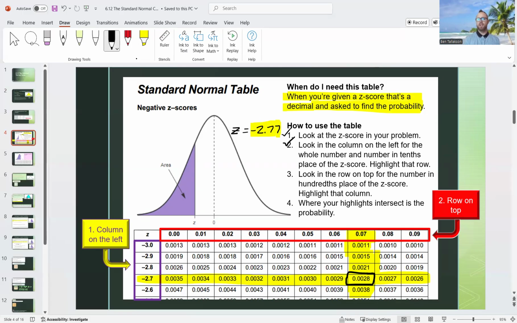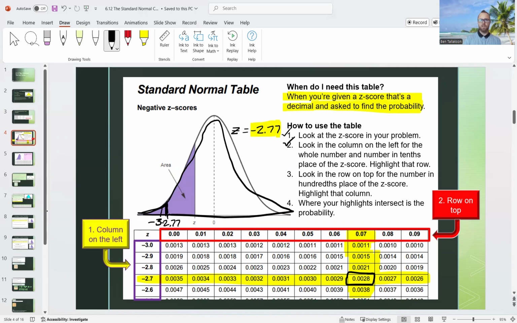Meaning it's very unlikely, and that makes sense, right? Because we learned before that a z-score of -3 is way over here. So -2.77 would be right about there, meaning this little bit of information out of the whole thing.